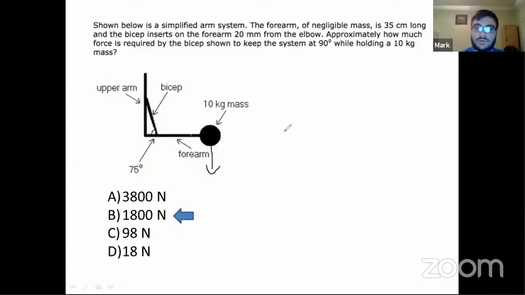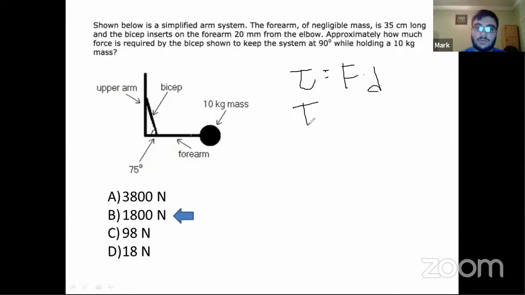Okay, this is going down. So again, we know this is a torque problem. I'll write my taus like this, if it makes it easier, okay? This is tau, this is T. Tau is equal to force times distance, okay?